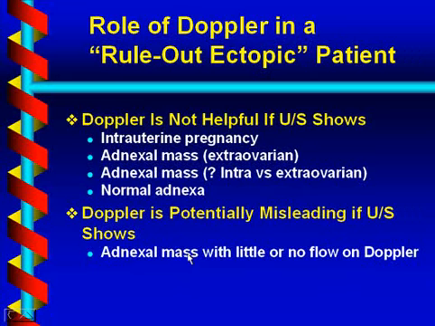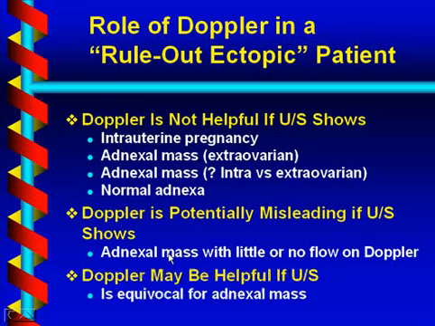So if you believed the Doppler, you would be misled by it. The fact that you're seeing an adnexal mass is already indicative of a likely ectopic pregnancy. Doppler can be helpful in rare situations. The rare situation in which Doppler can be helpful is when the ultrasound is equivocal for an adnexal mass.